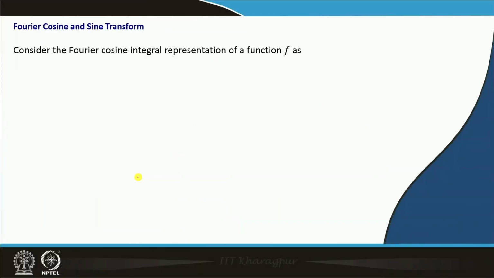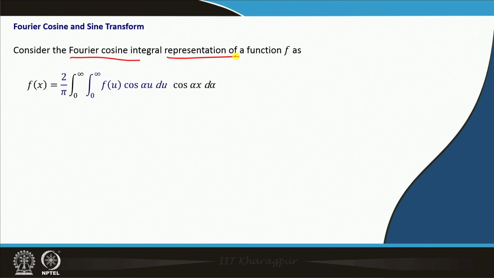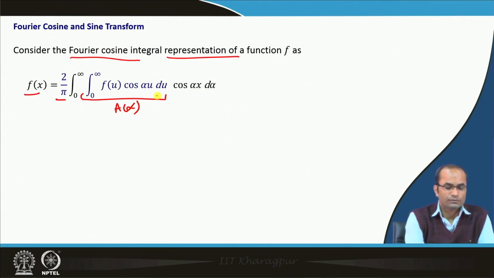Well, consider the Fourier cosine integral, which we have already discussed in the previous lecture, and that was given as f(x) is equal to the integral from 0 to infinity of f(u) cos(alpha u) du, times cos(alpha x) d alpha. So, this was the coefficient which we were denoting by A(alpha) in the previous lecture, and then f(x) was the integral from 0 to infinity of A(alpha) cos(alpha x) d alpha.